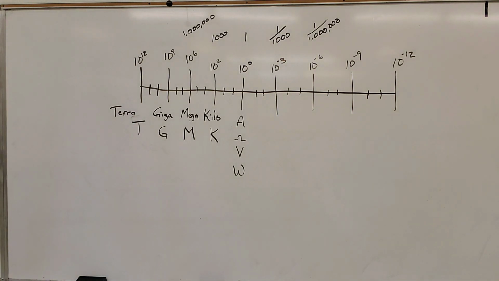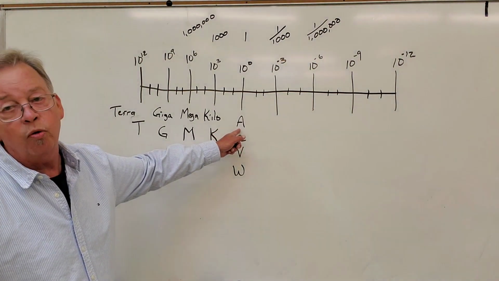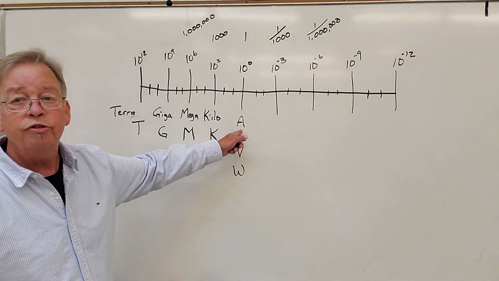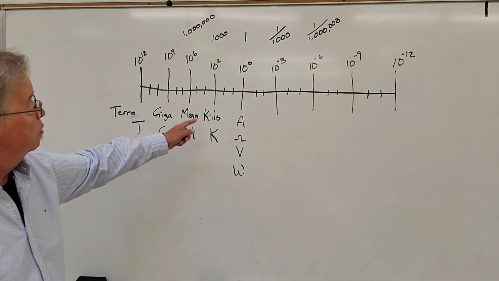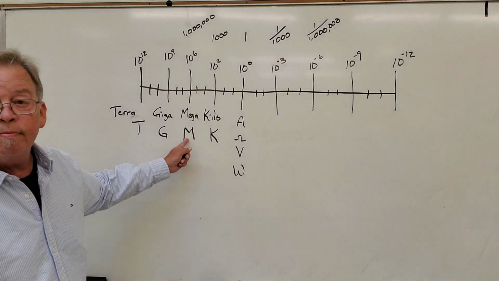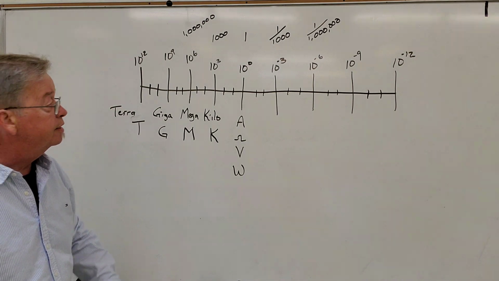capital T, okay? And so on the positive exponent side, values that are larger than 1, exponent 3 is kilo, we have a capital K, 6 is mega, we have a capital M, 9 is giga, and 12 is tera.